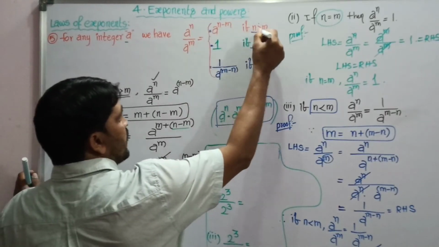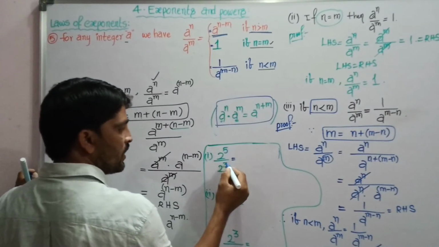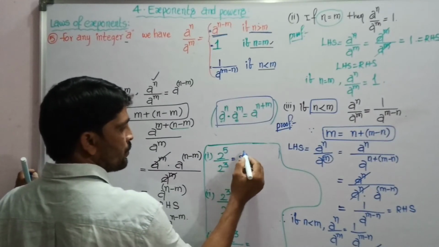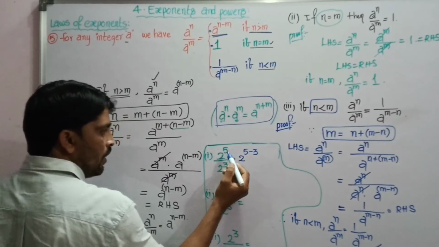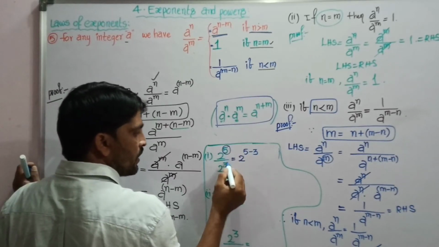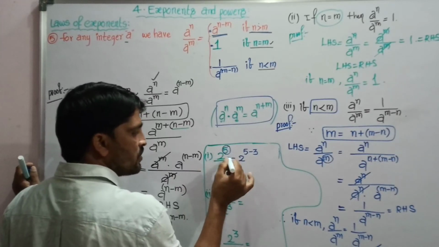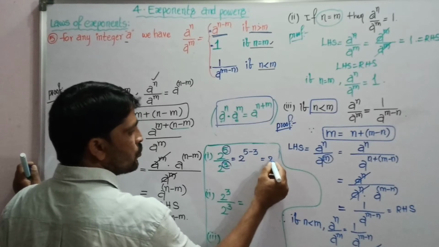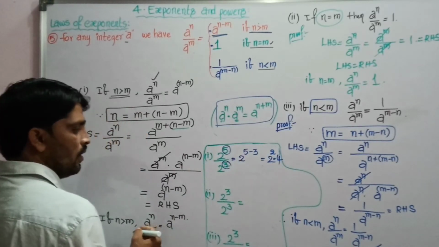If n is greater than m, we use the first case. Since 5 is greater than 3, this will be equal to 2 power 5 minus 3. That means, if 5 is greater than 3, that is, n is greater than m, then consider the difference of exponents, that is, 2 power 5 minus 3 is 2 square, which is equal to 4.